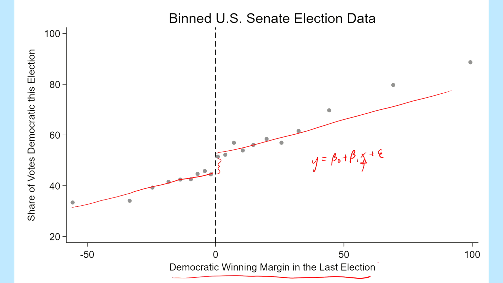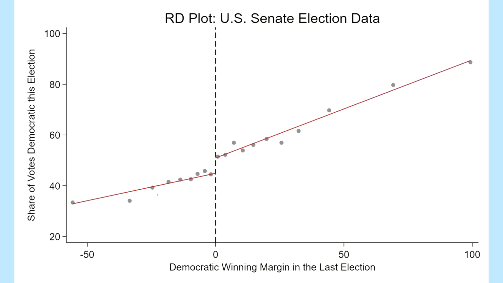In regression discontinuity, we often call this X the running variable. And on the right-hand side, I'm running a regression. You can do that, and this is what it looks like. So now I have the difference between the line over here and the line over there. And I can say that this is an estimate of the treatment effect associated with having the incumbent elected.